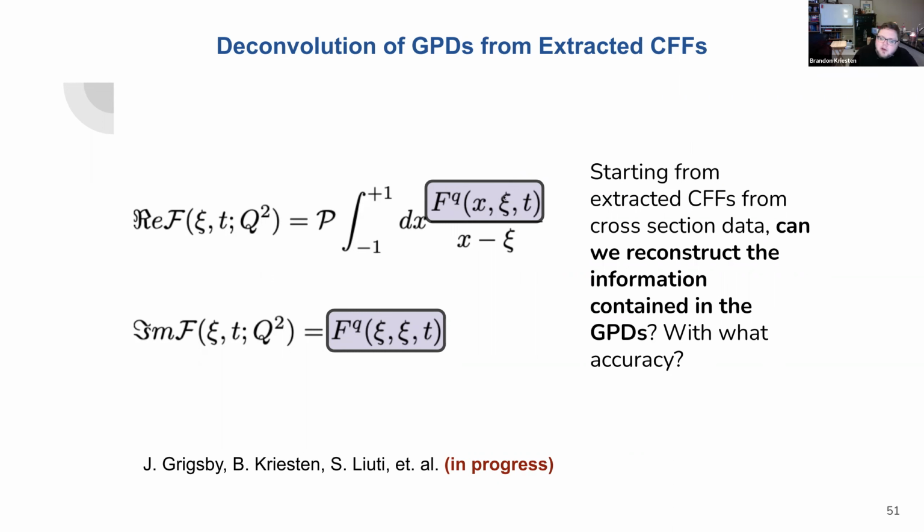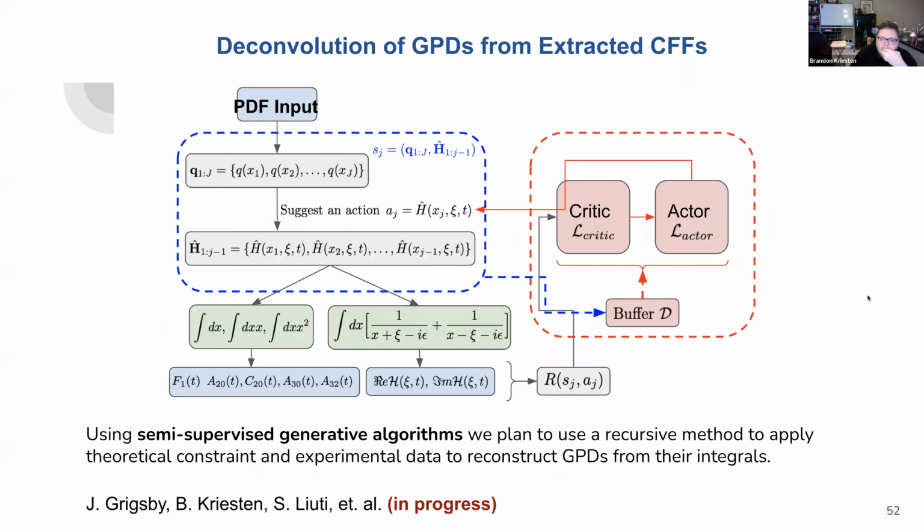So can we reconstruct the GPD from these Compton form factors? What information is contained here that we can reconstruct here? And with what accuracy?